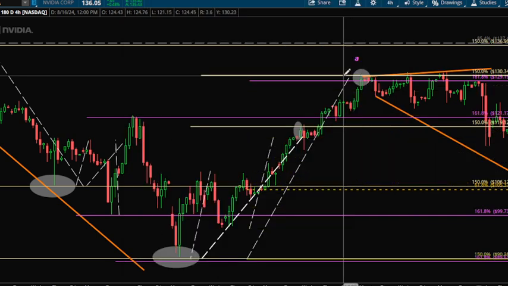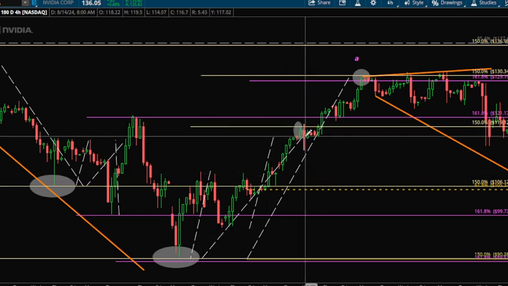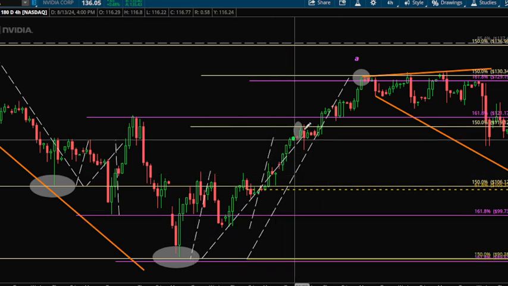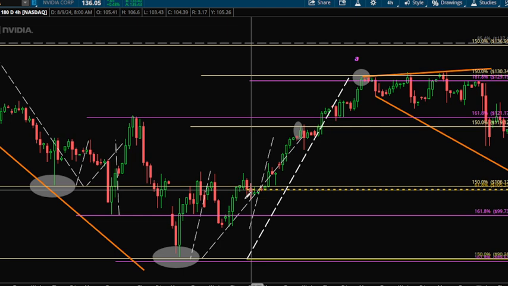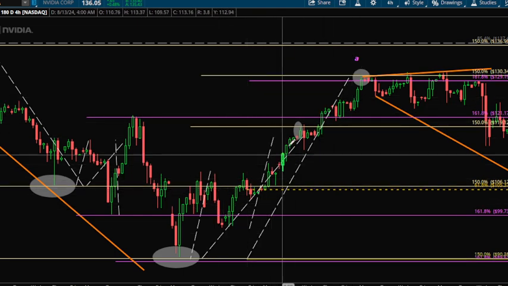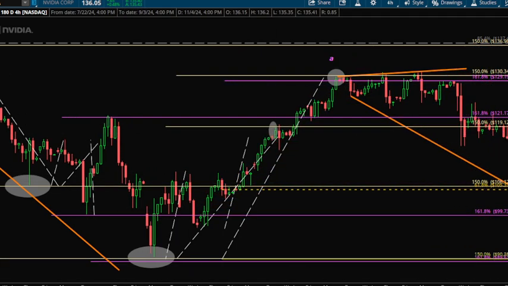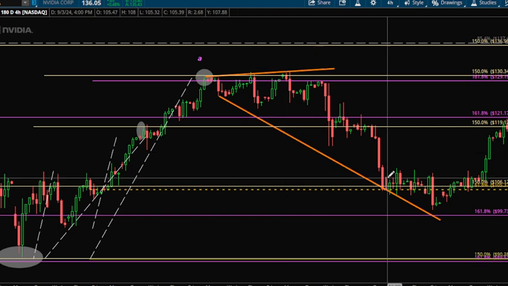All right, so that one stays. Okay, so we measured this leg and we got the 161.8. So this tells me this move was part of this move. We measured both of these together, and oh wait, not yet, because I found our triangle.